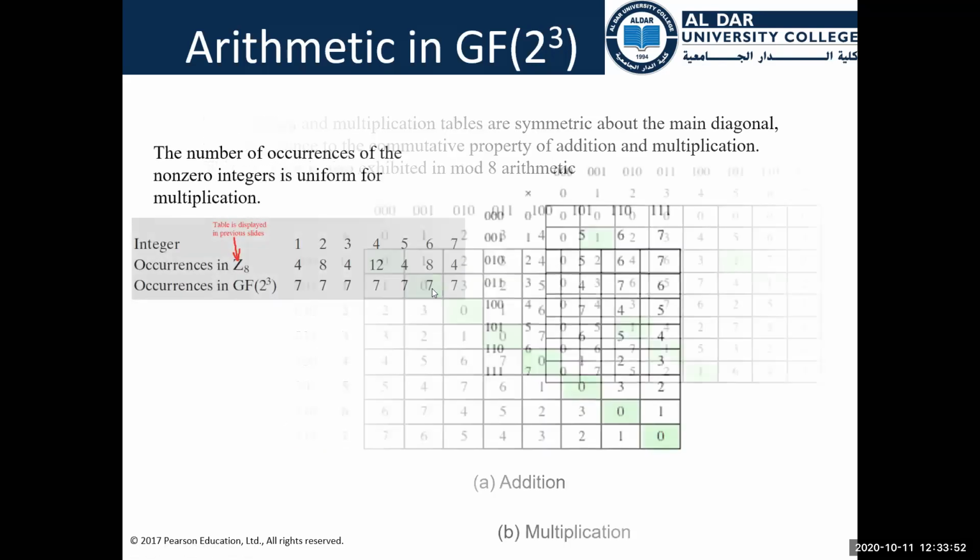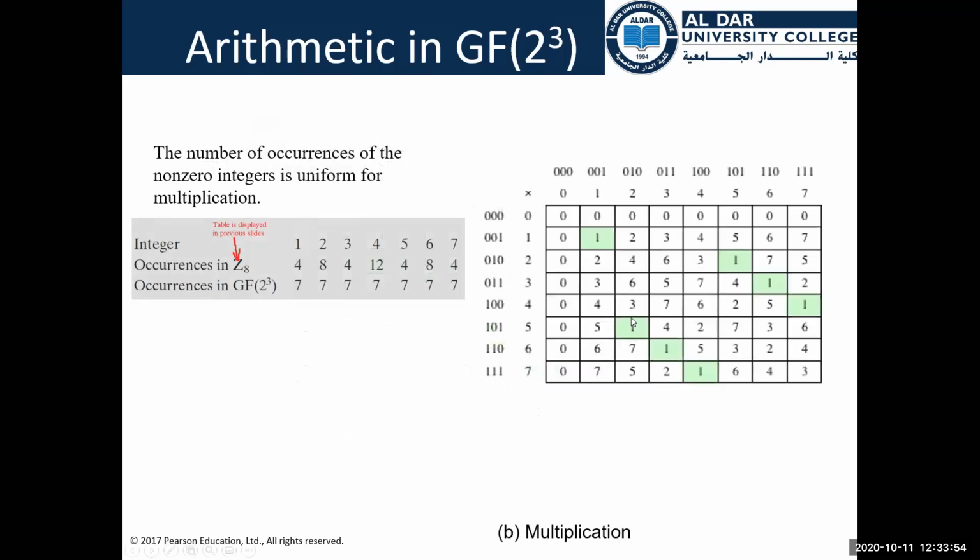What about the multiplication? The multiplication needs some experiment. Here in the slide, he says that if we have integers 1, 2, 3, 4, 5, 6, 7, and we are working in 2 to the power 3, which is 8, mod 8 was not working because they don't have a multiplicative inverse.